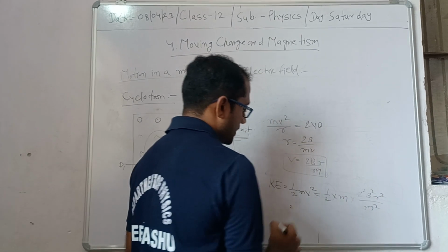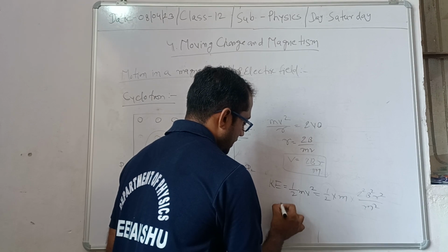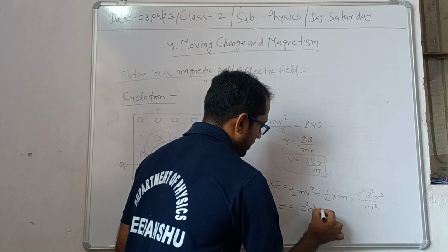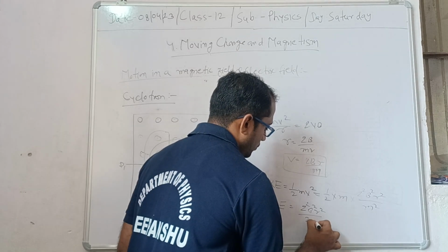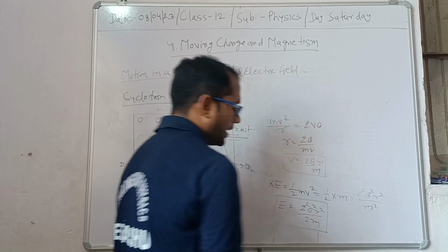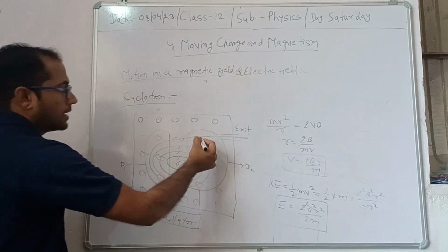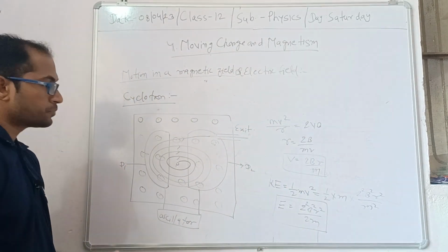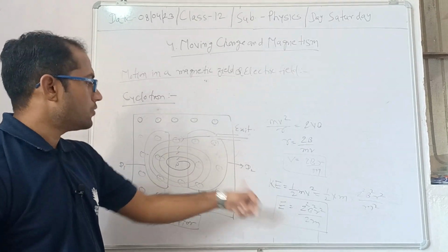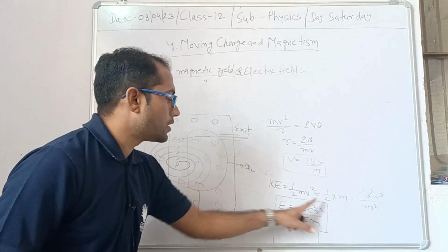The m is partly cancelled out, and we get the energy E equals q square B square r square upon 2m. So this is the final energy of this particle at the point when the particle exits.